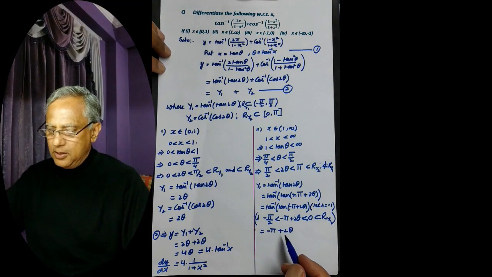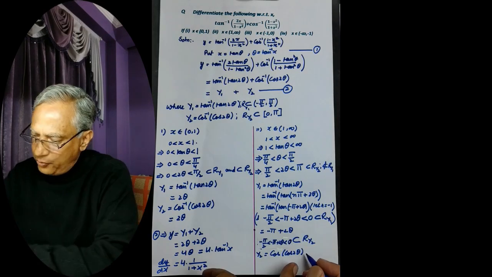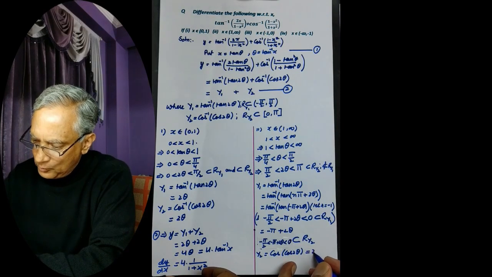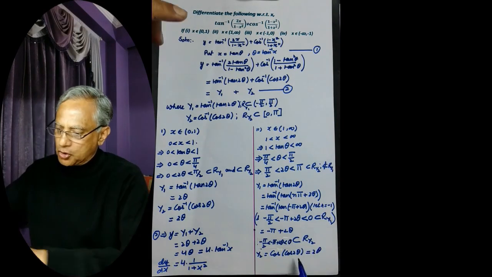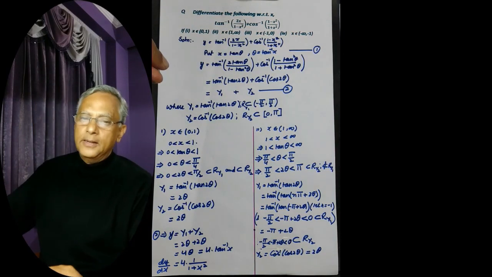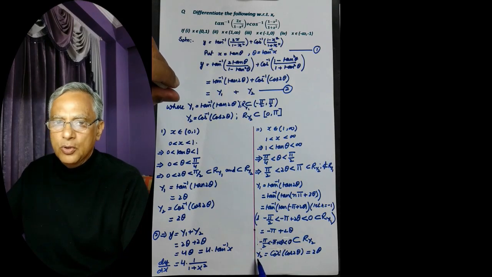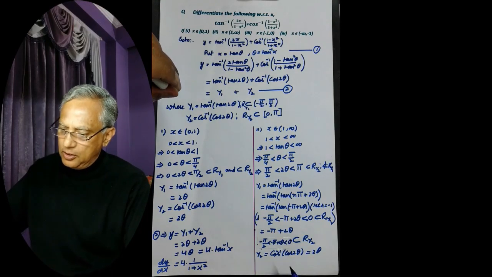And we can write y2 as 2 theta because 2 theta is in the range of cos inverse. This is within the range of y2. So we can write this as 2 theta.